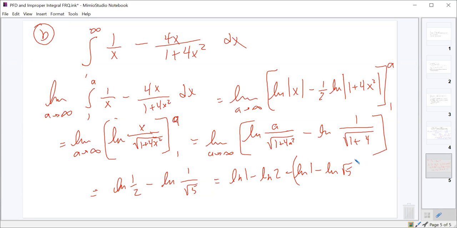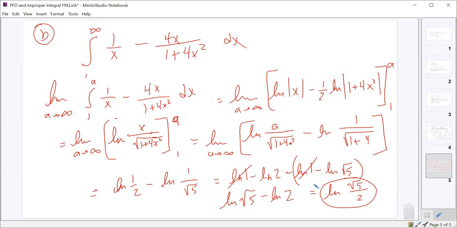If we wanted to rewrite those, all the natural log of 1s go away. We got a negative ln 2 plus ln root 5. So we got ln root 5 minus ln 2, which would be natural log of root 5 over 2, which would be a good enough answer if we wanted to leave it like that.